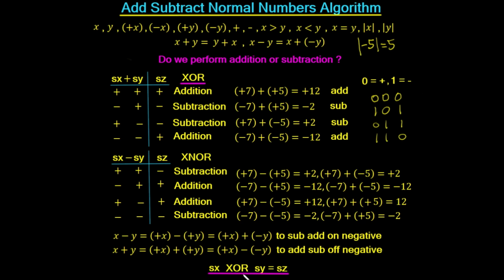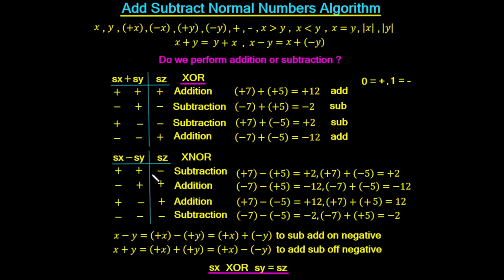And we know it's going to work for all 16 possible combinations because in order to subtract, it's the same as adding the negation. And we also know that when we add the numbers together, it doesn't matter in which order we take them. X plus y would be the same as y plus x. So we would only have this simple exclusive OR function that would tell us whether we're actually going to add or subtract.